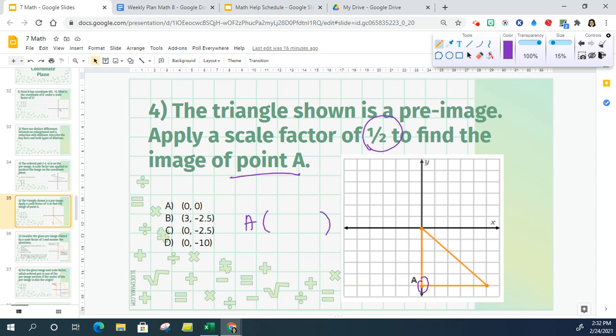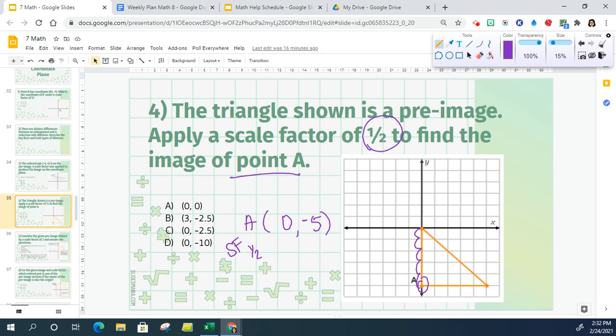What's the location of point A? It would be 0, and is it +5 or -5? -5.